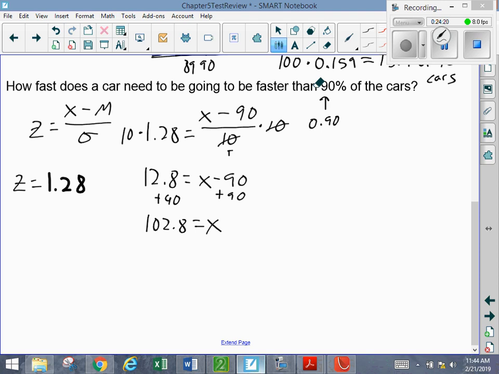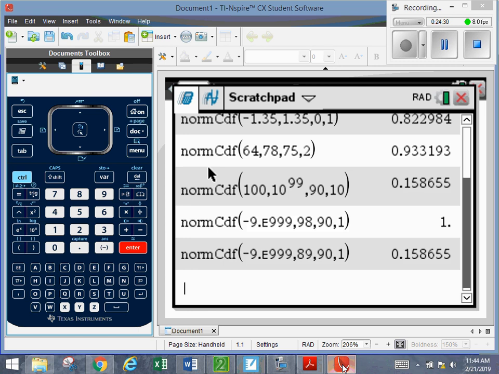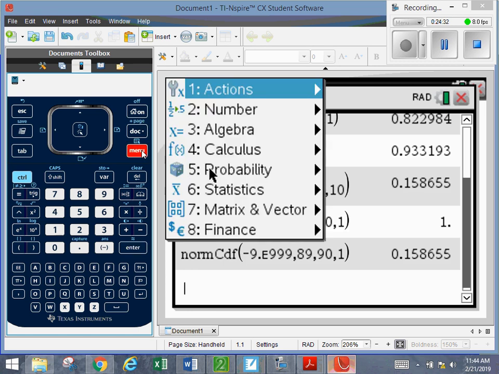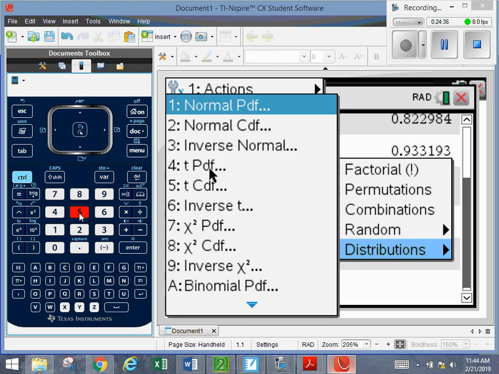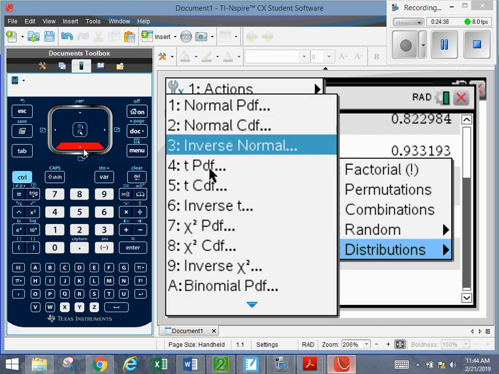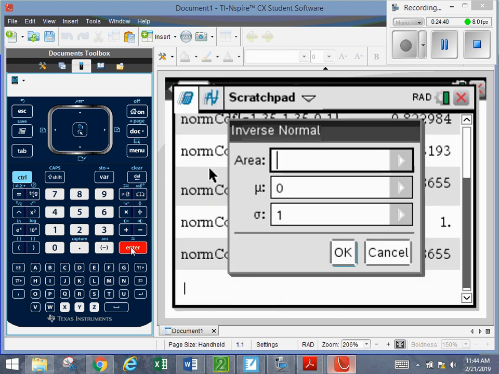Now I'm going to show you a way to do this just using your calculator as well. We're going to use the inverse normal. Okay? So I'm going to hit the menu, the same place. I'm going to go to the exact same place. Probability, distributions, and now instead of doing the normal CDF, I'm going to go inverse normal.